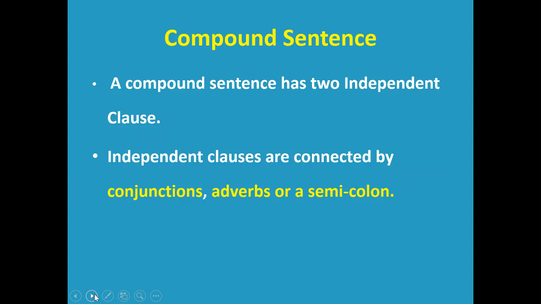As we saw before, independent clauses are connected by conjunctions, adverbs, or a semicolon. There might be no conjunction, no adverb, just the two clauses connected with a semicolon also. Alright?